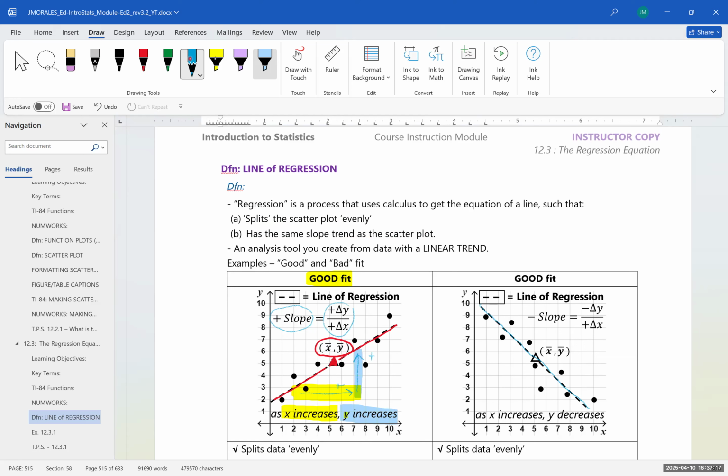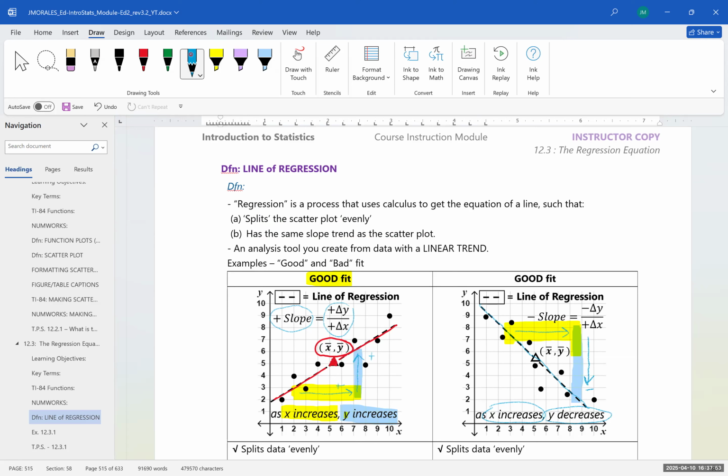But now what's happening is that as we go from one point to another point on the line of regression, if we were to start here, we would see that as x gets larger, the y value gets smaller. So as x increases, y decreases. Y goes in a negative direction.